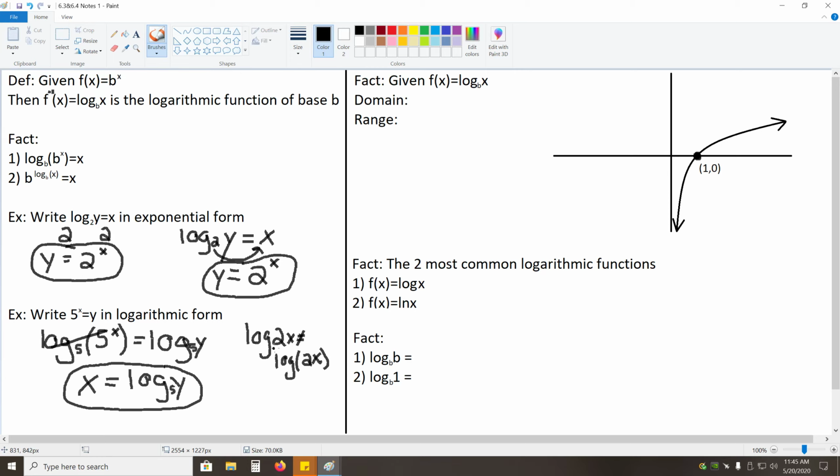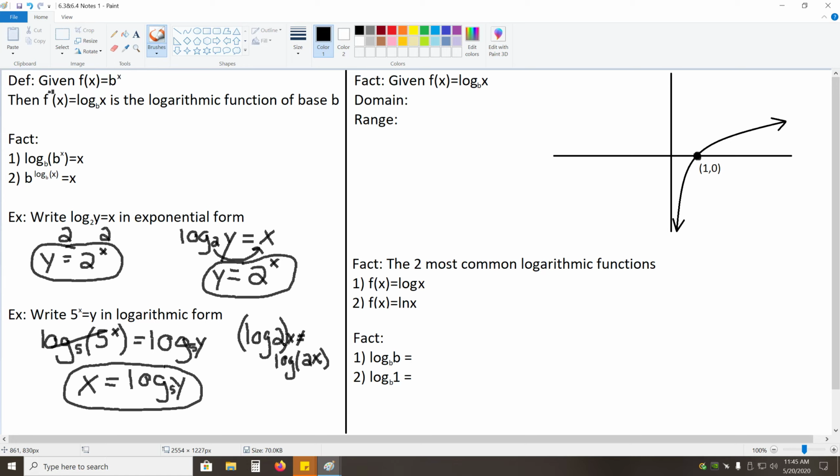Because what's happening in the first one is we're saying we have log of 2, and that's being multiplied by this x. But in the second one, we're saying 2 times x is being plugged into the log.